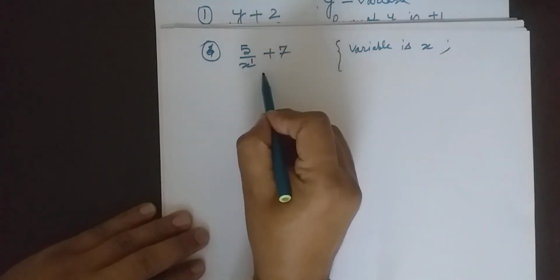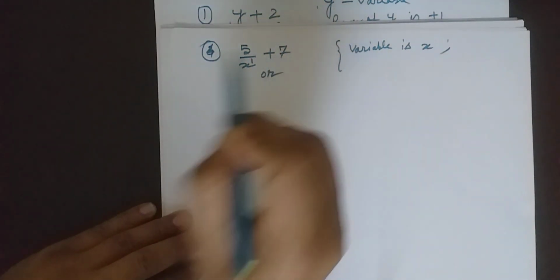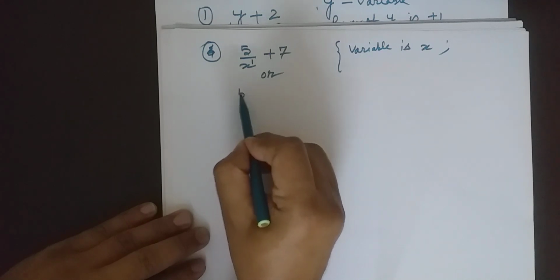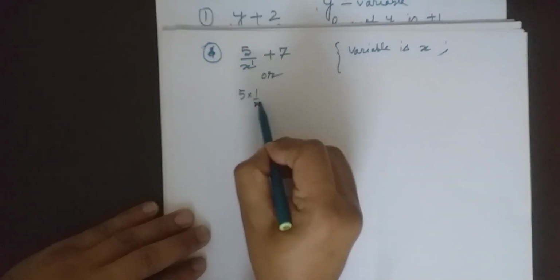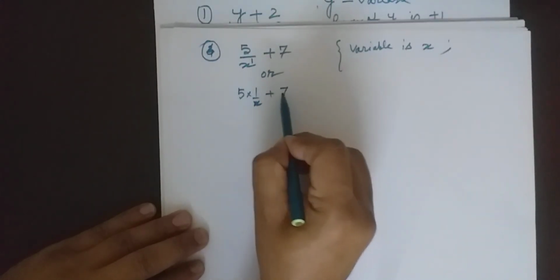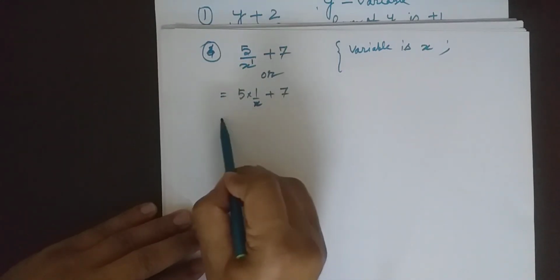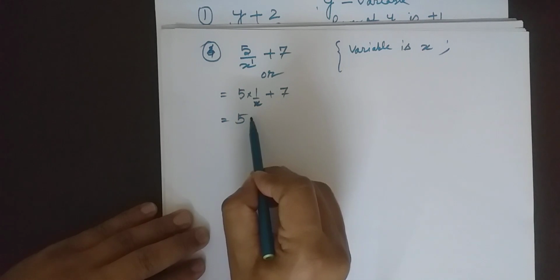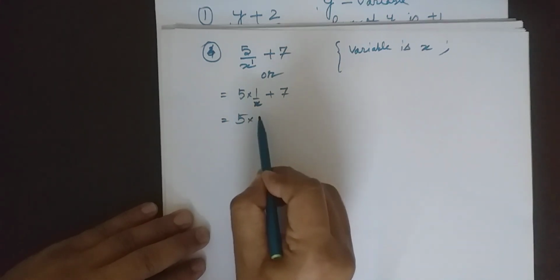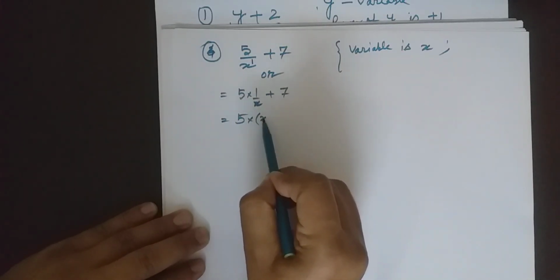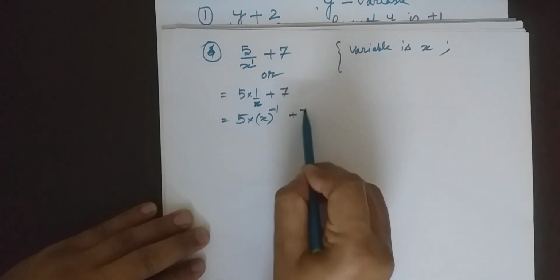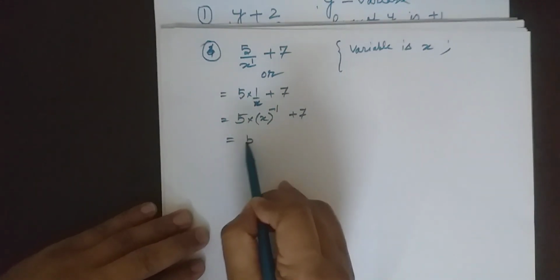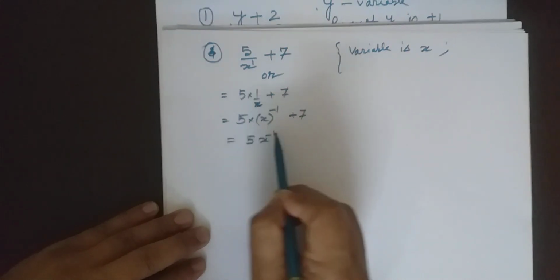Okay. To scrutinize it, let us rewrite this expression in this form. 5 multiplied by 1 by x is nothing but the same expression. Now what is 1 by x? This 1 by x can always be written as x raised to power minus 1, and this plus 7 will remain unchanged. So this is 5x raised to power minus 1.